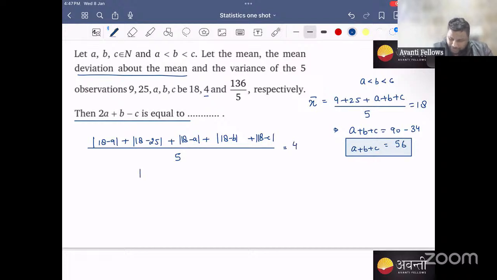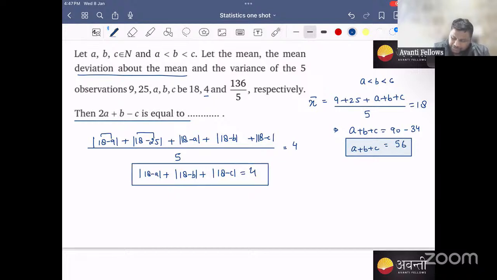So magnitude of 18 minus A plus magnitude of 18 minus B plus magnitude of 18 minus C is 5 fours are 20, 20 minus 7 and 9, 16. So it goes to 4.